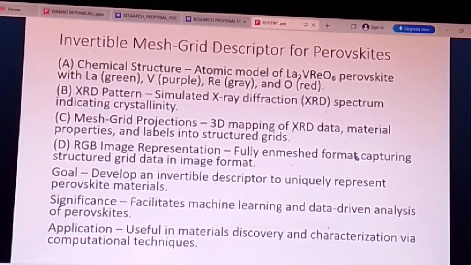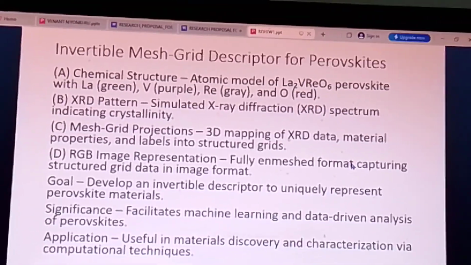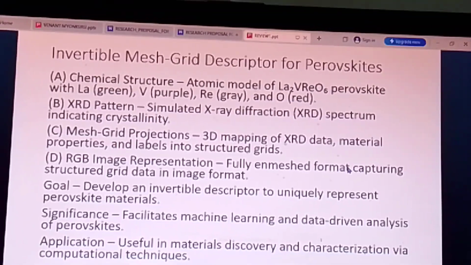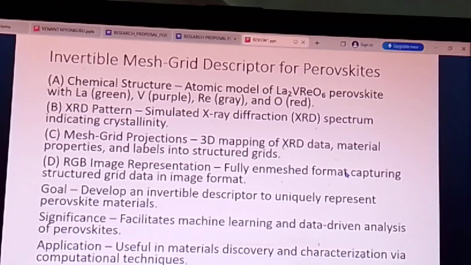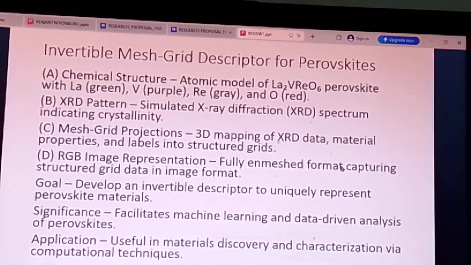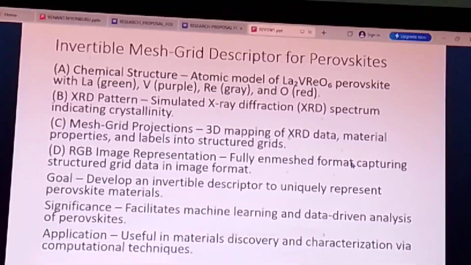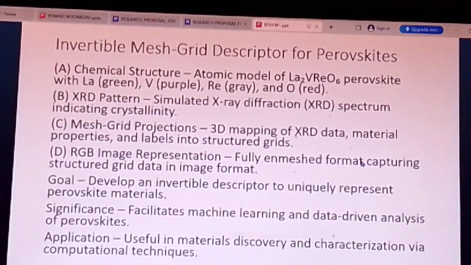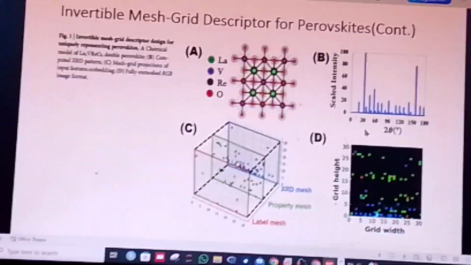B is the XRD pattern, simulated X-ray diffraction indicating crystallinity. Then mesh grid projection, 3D mapping of material property and labels into a structured grid. And all these are explained by this figure.